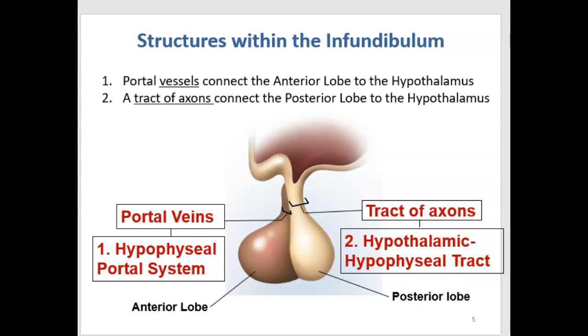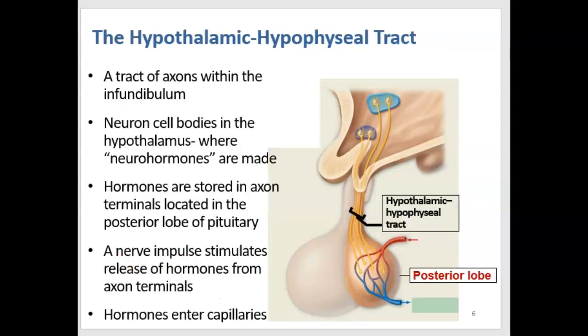The posterior lobe is connected to the hypothalamus by this tract of axons. So the infundibulum section that's connected to the posterior lobe is called the hypothalamic hypophyseal tract. Tract meaning axons.